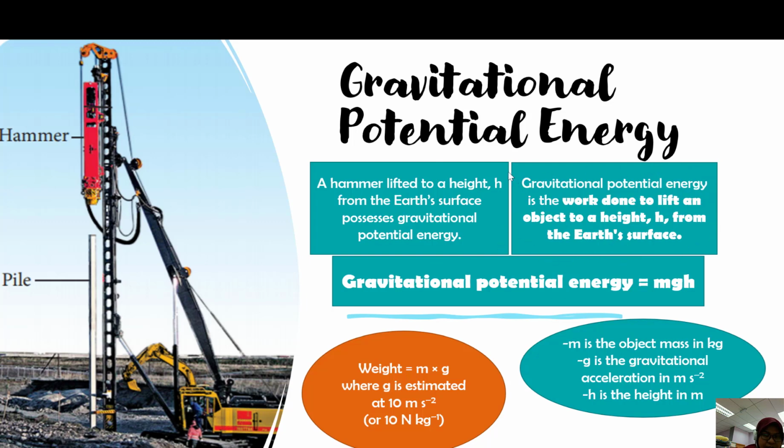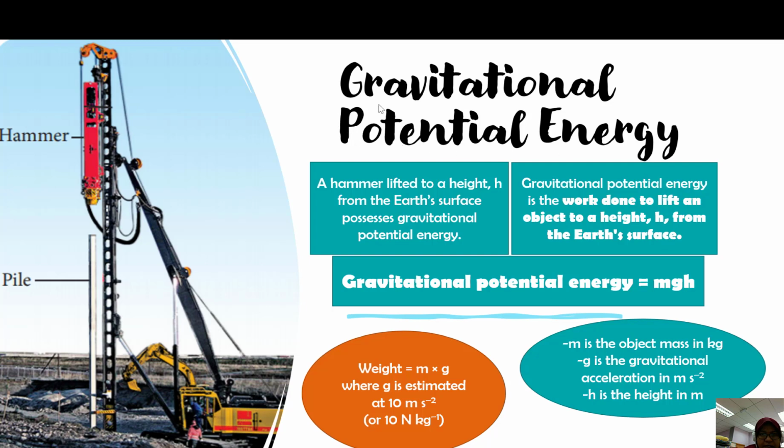So when you are asked, let's say in an exam, or you are shown this diagram or any diagram related to gravitational potential energy, and the question asks what is the energy possessed by this object, for example this time the hammer, the answer must be gravitational potential energy.